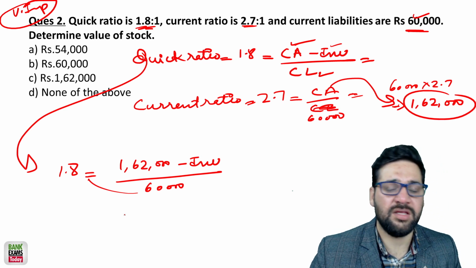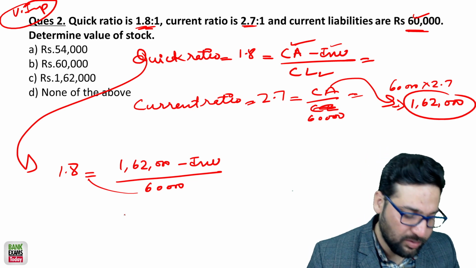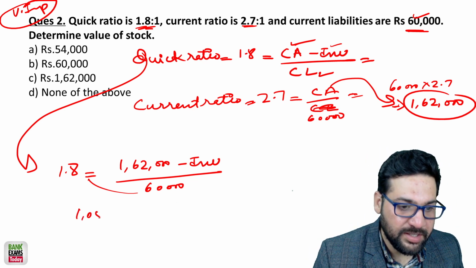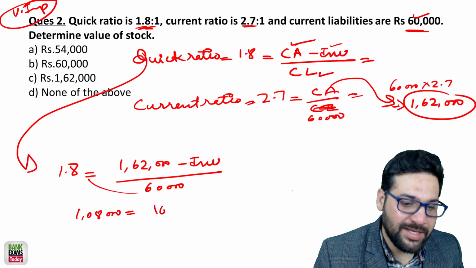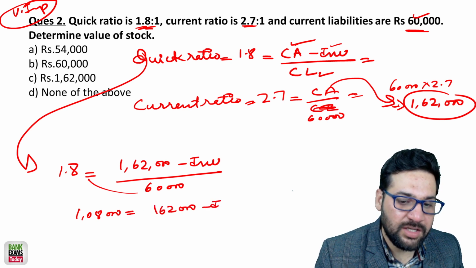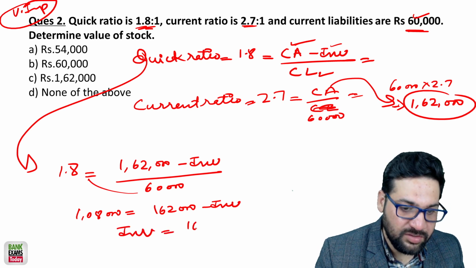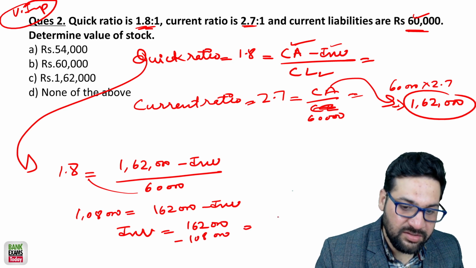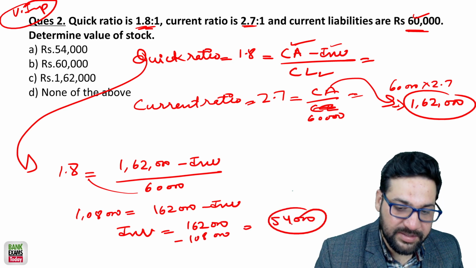Just 60,000 multiplied by 0.2, it is 12,000. Mind में calculation कर लो. 1,08,000 आ गया आपका, is equal to 1,62,000 minus inventory. Now you can easily calculate your inventory. So inventory is equal to 1,62,000 minus 1,08,000, which is actually very easy. 54,000 is the correct answer.